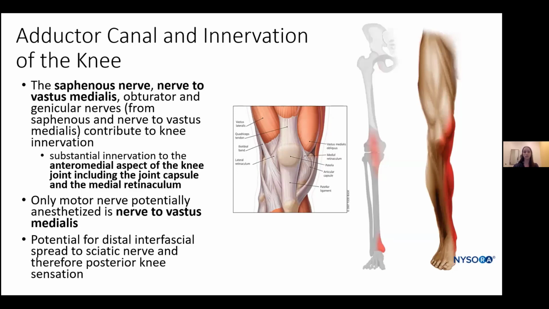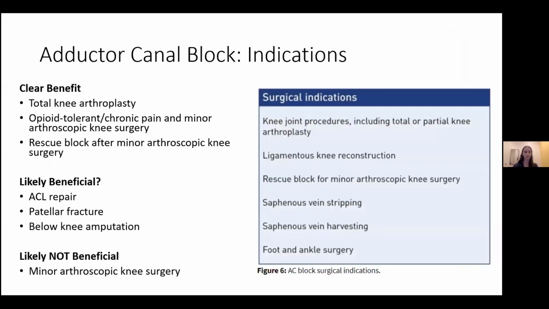The saphenous nerve is a purely sensory nerve. There's also some theoretical spread proximally and distally. So potentially, using a very large volume of local anesthetic, you may cover the femoral nerve, and distally, potentially you could cover the sciatic nerve. But again, that's pretty theoretical in practice. It's mainly those other two nerves that we're blocking.